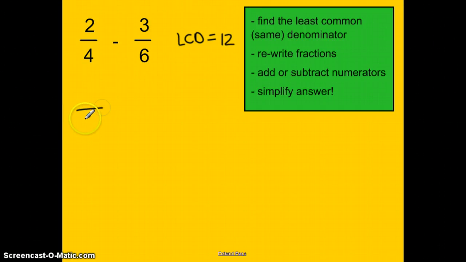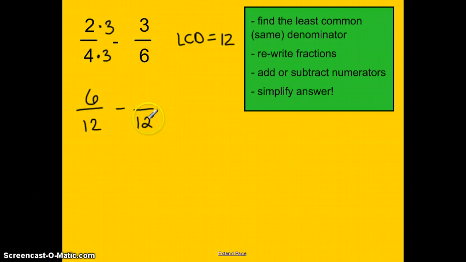So we're going to rewrite these fractions with a denominator of 12. We're going to have some number of twelfths minus some number of twelfths. To get from 4 to 12, we multiply by 3, so we multiply the top by 3 as well. 4 times 3 gives us 12, and 2 times 3 gives us 6.